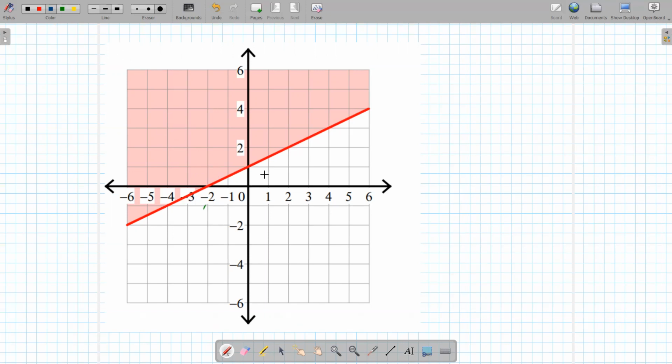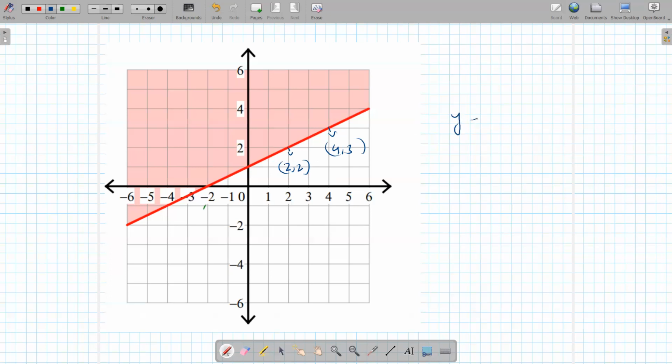Okay, let's identify 2 points. Well, this point is 2 comma 2. What is this point? 4, 3, right? Do you see what the slope is here? Slope should be pretty obvious. What's the slope of this graph? 1/2.